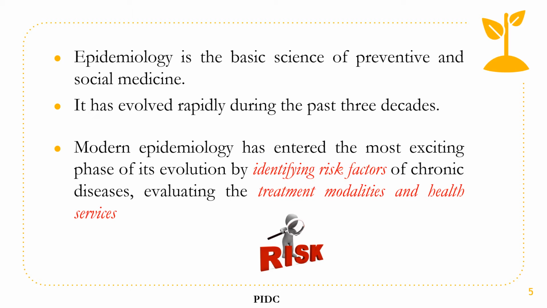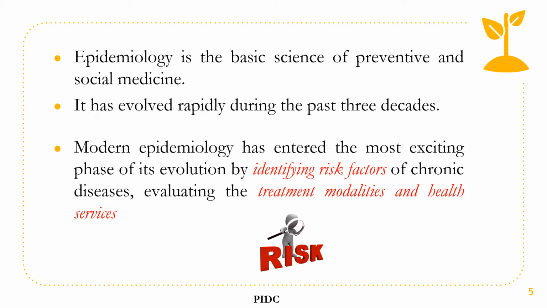I think you will know what risk factors are. For example, for dental caries, what will be the risk factors? Maybe consumption of sweets, improper brushing, or any debilitating diseases. So you have to identify the risk factors, then only you can give prevention or treatment.